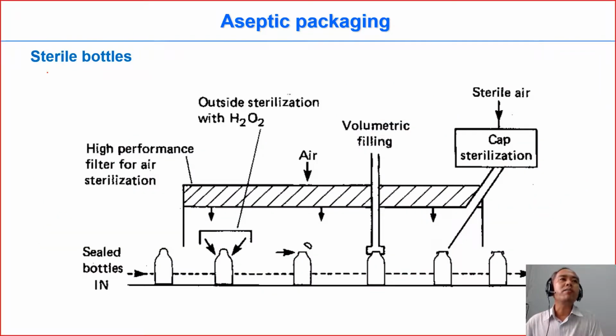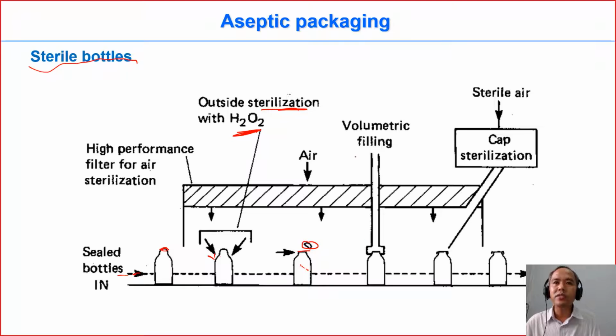If we start from sterile bottles, bottles which have been sterilized already, then what do we need? Normally after sterilization, they seal the bottle like this. So we now have to sterilize the outside using this chemical, and then we just cut the seal because inside it has been sterilized already.